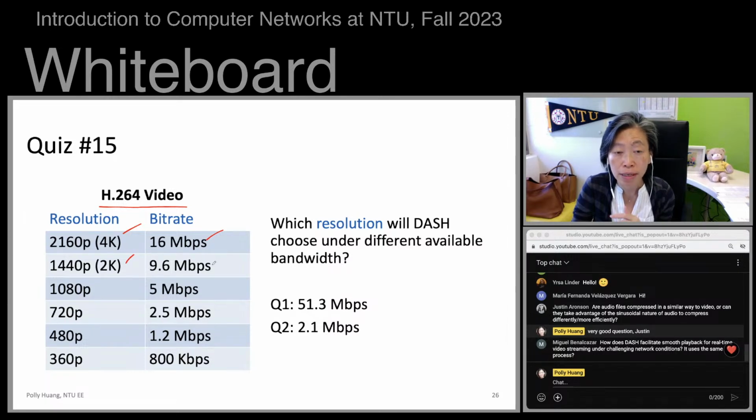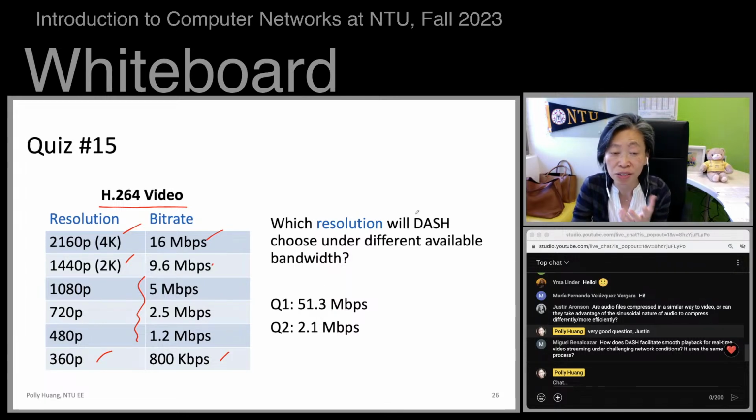For 2K video, you see a lower resolution than the bit rate, and the bandwidth requirement therefore is lower, and so on and so forth. At the lowest resolution, 360p, the bit rate at maximum is 800 kilobits per second.